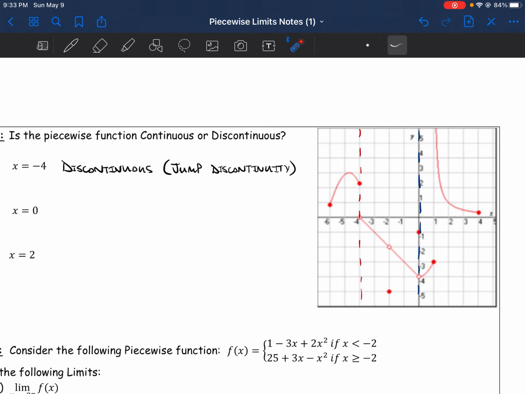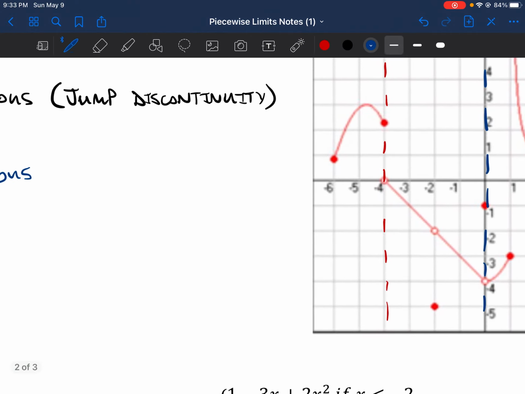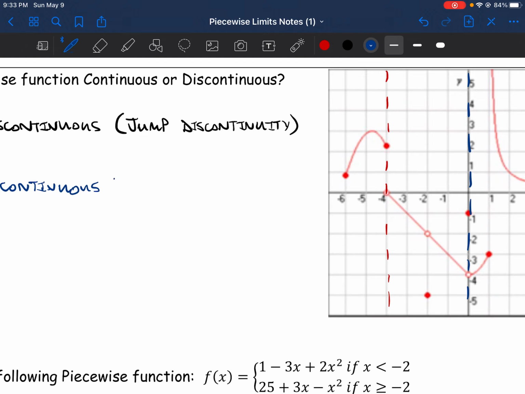So this is also discontinuous. However, this discontinuity, where you just have a hole in the curve, like this, we call this a removable discontinuity.